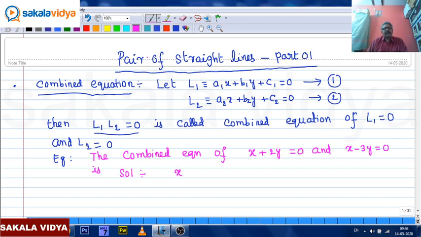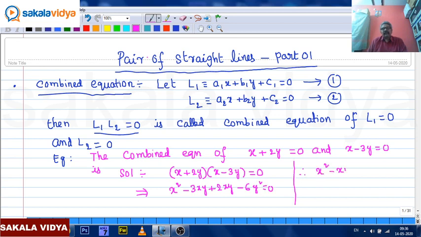Combined equation means x plus 2y into x minus 3y equals to 0. So if you multiply now, you get x square minus 3xy plus 2xy minus 6y square is equal to 0. So the combined equation is, therefore we get x square minus xy minus 6y square is equal to 0. This is the combined equation of these two equations.